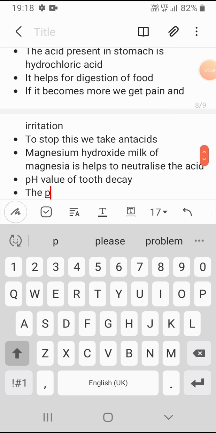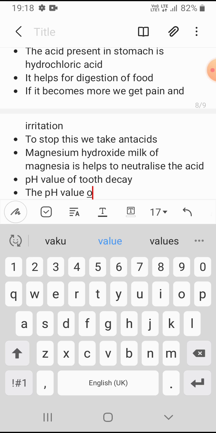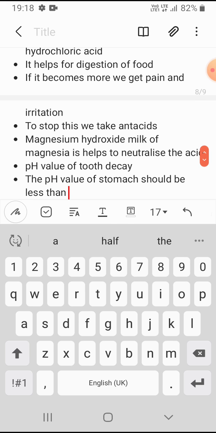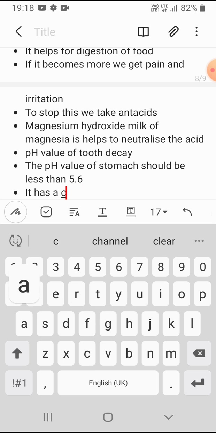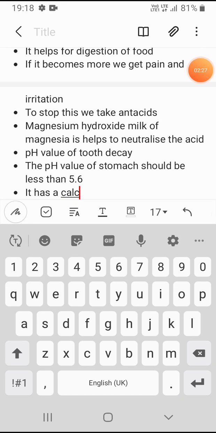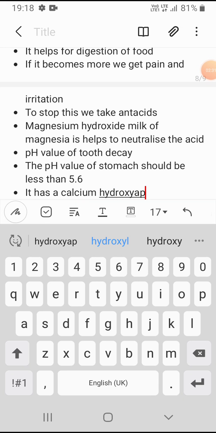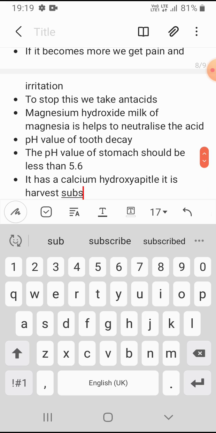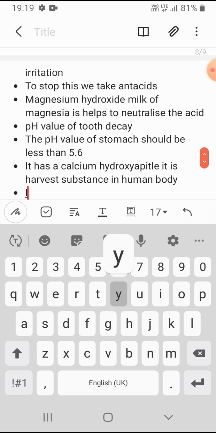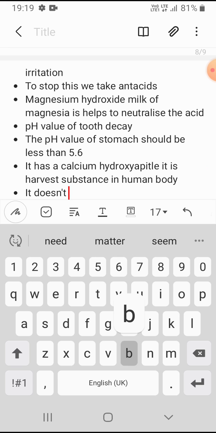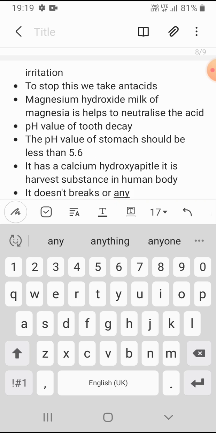The pH value of the mouth should not be less than 5.5. Calcium hydroxyapatite is the hardest substance in the human body, so it does not break or anything happens to it.